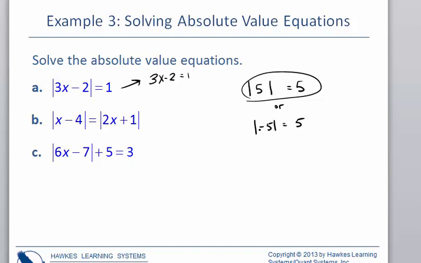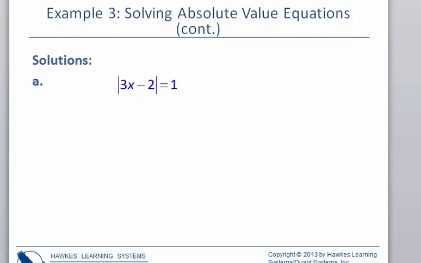The other possibility is that we had a negative inside the absolute value. Now I am going to put this in parentheses. So what was inside the absolute value actually had a negative on it, like this negative 5, and that turned it to a positive 1. We're going to need to consider both of those options. All right, I'm going to go to the next screen and we're actually going to work this out.